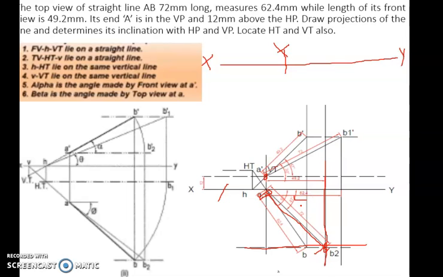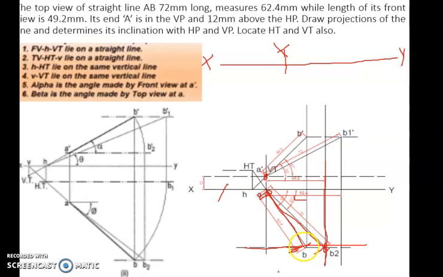the inclination with the horizontal plane and the inclination with the vertical plane. From this point you draw one horizontal line and mark 62.4 mm here. You can get the plan easily. Now plan means top view, and HT and V lie on the same line.